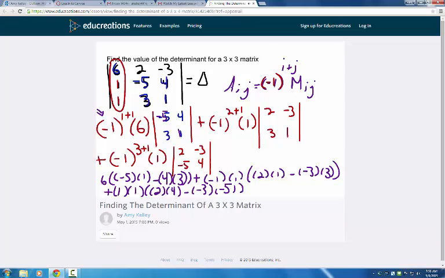Working it all out, we see that we have 6 times negative 17 minus 1 times 11 plus 1 times negative 7.